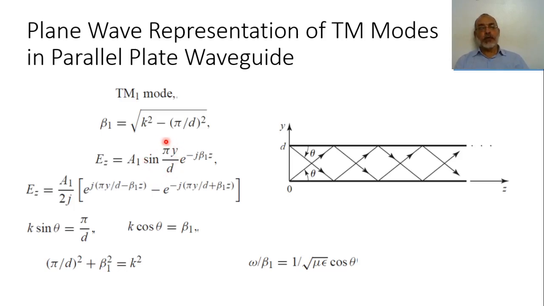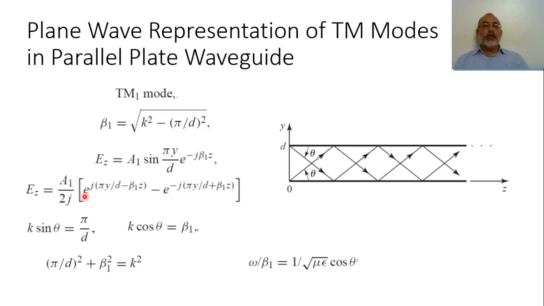Effectively, this sine function can be expanded as (e^(jπy/d) minus e^(-jπy/d)) over 2j. We can say that sin x equals (e^(jx) minus e^(-jx)) over 2j. So by expanding, sin(πy/d) can be represented as this.